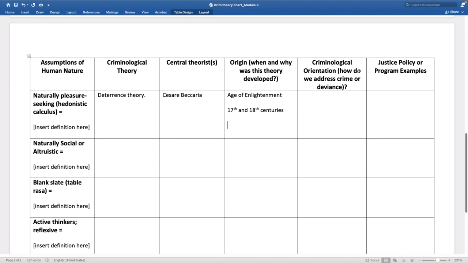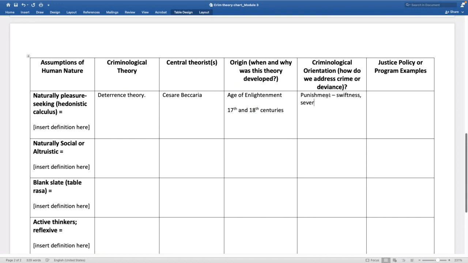Okay, and so under criminological orientation, how do we address crime or deviance according to deterrence theory? Well, deterrence theory is focused on punishment. And your book does go over 3 elements of punishment that this theory consists of.